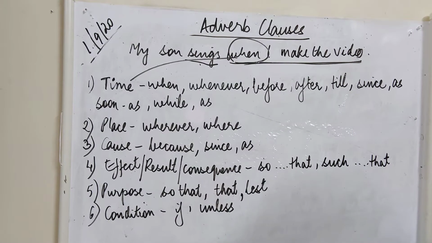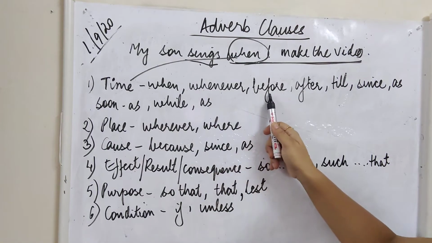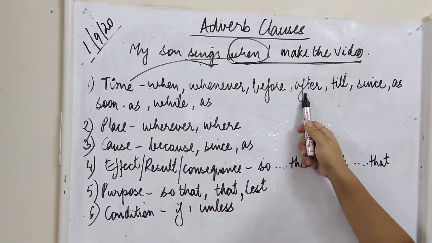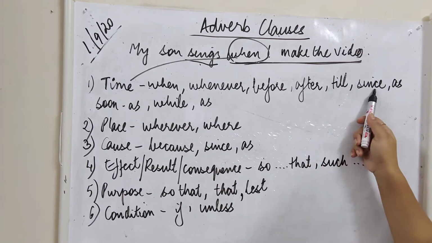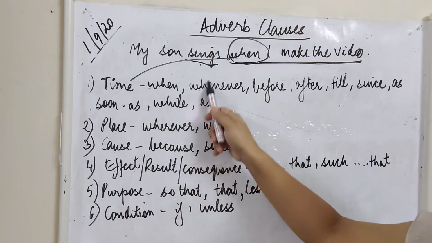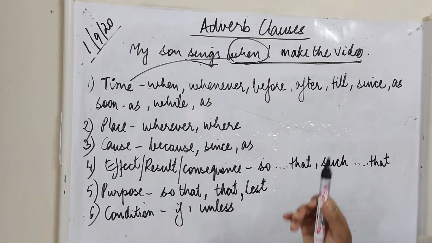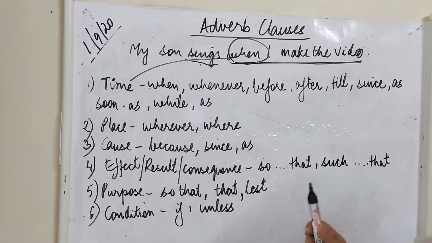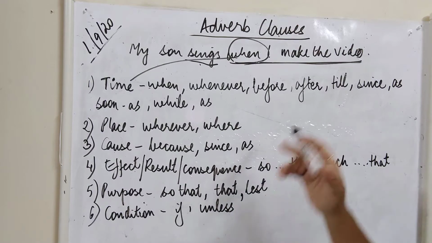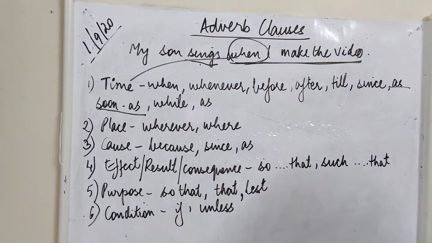Similarly, adverb clause of time can also start with whenever. It can also start with before, after, till, since, as soon as, while, and as. This whole list is given in your book, so don't worry. If I say Virat made a declaration as soon as Rohit completed his century, so as soon as is an introduction of an adverb clause.